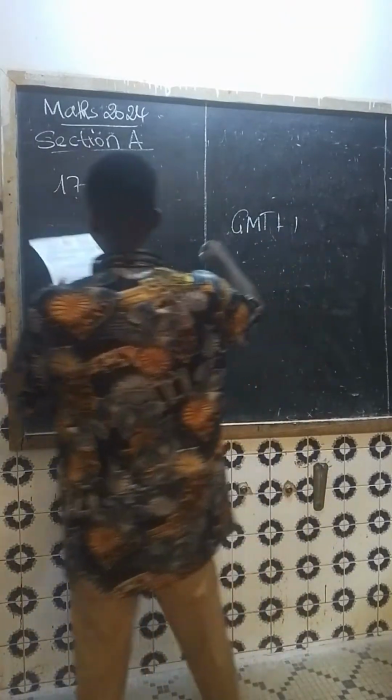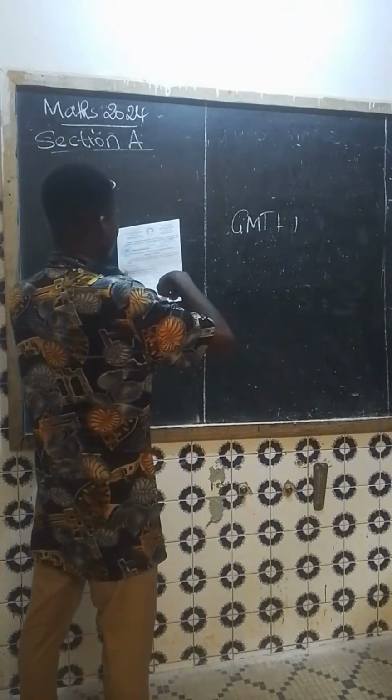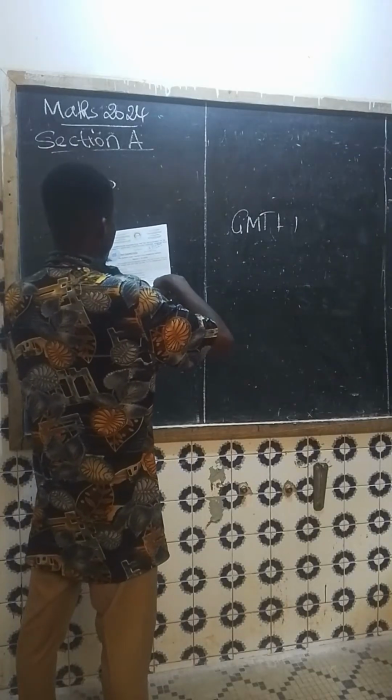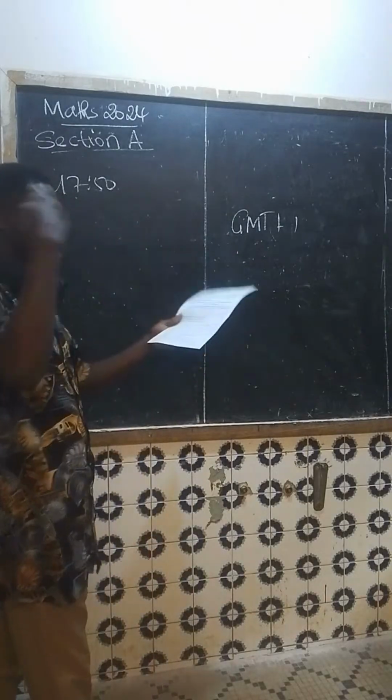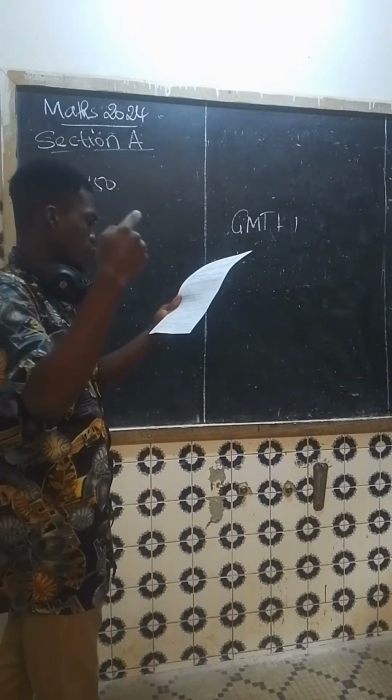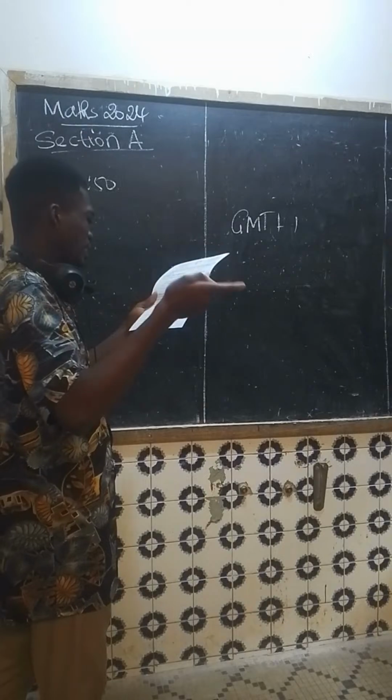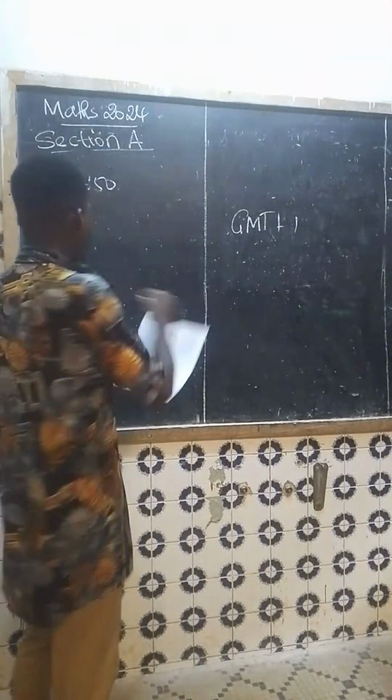So now when it is 1750 in Cameroon, it means GMT is behind by 1 hour, right? Yes, sir. Which is 1650.